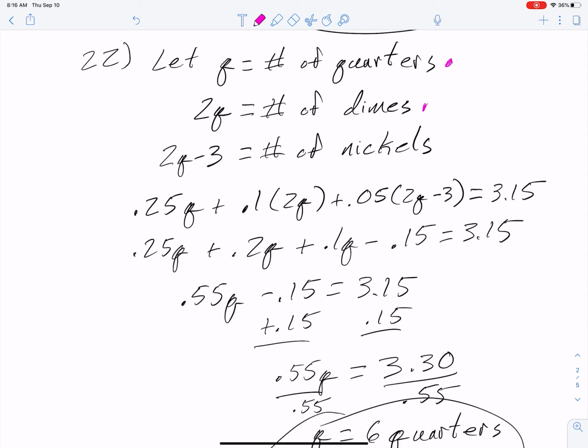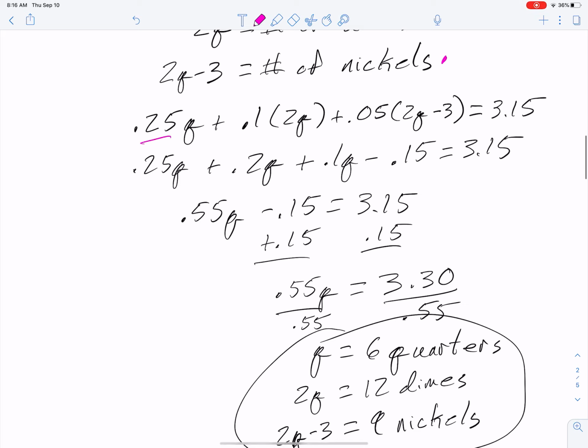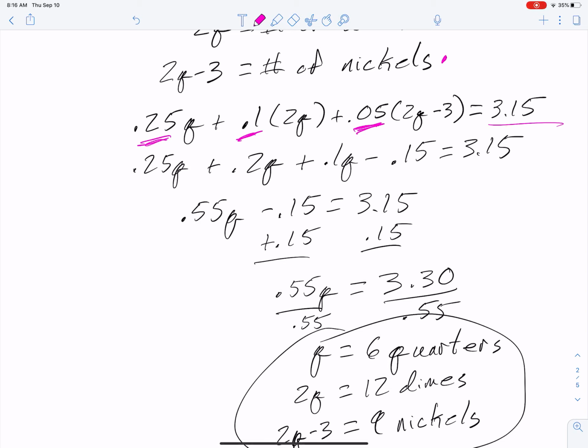And then there's 3 fewer nickels than dimes, so 2Q, the number of dimes, minus 3 would get me the number of nickels. Now, like we discussed in class, when I go to set up my equation, remember these variables just represent the number of coins, not the value of the coins. So I've got to multiply by the value of a quarter, the value of a dime, the value of a nickel. And then it totals at 315.